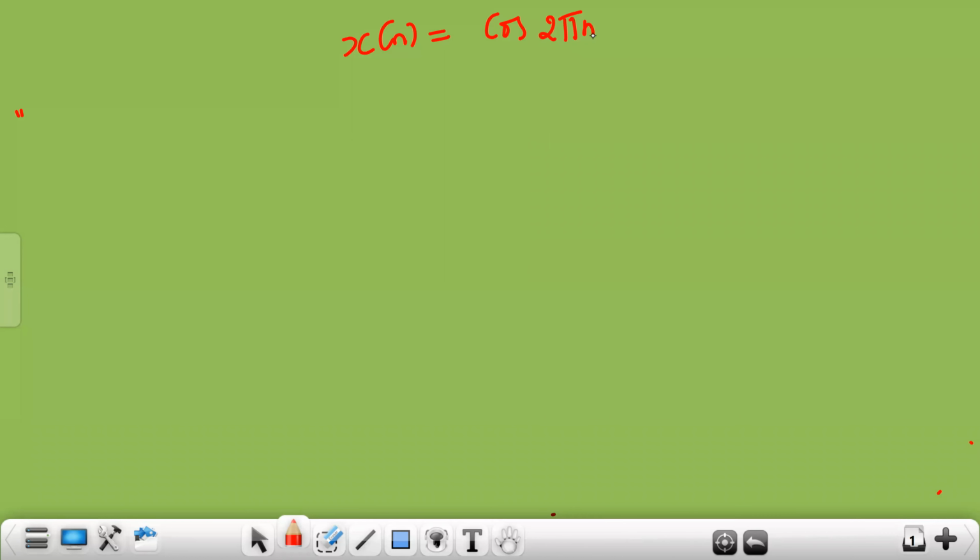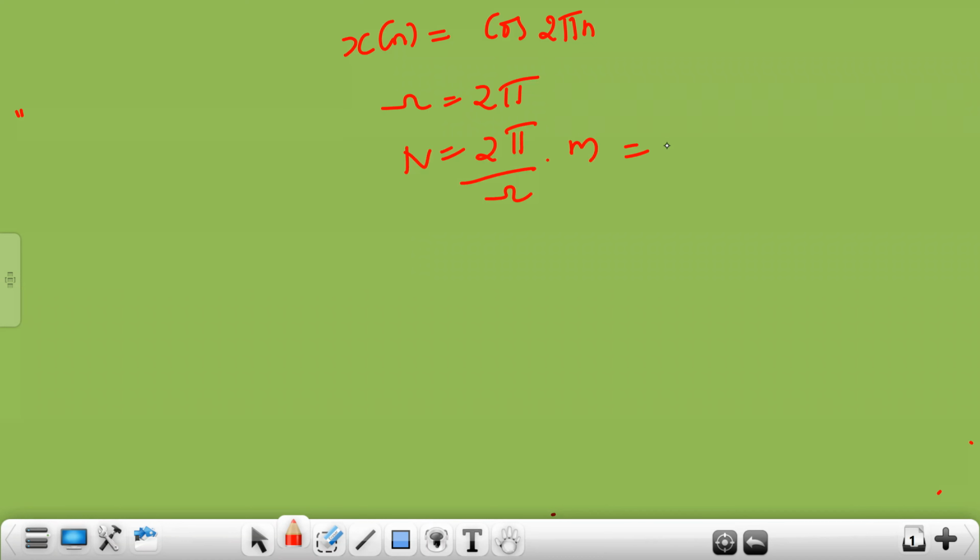So what is the omega value? So 2 pi. Yes, omega value is 2 pi. Find n. The equation for n is 2 pi by omega into m.